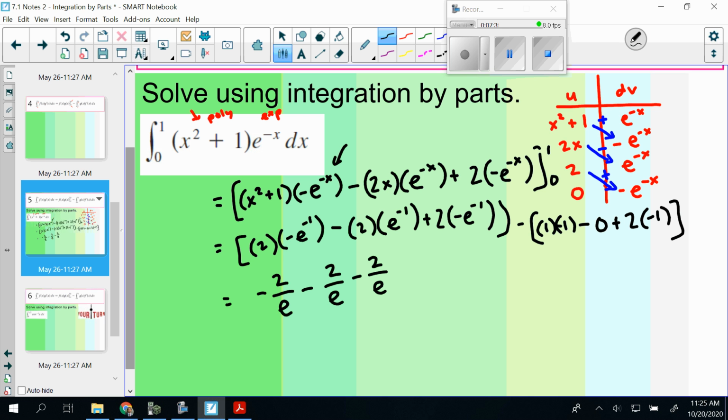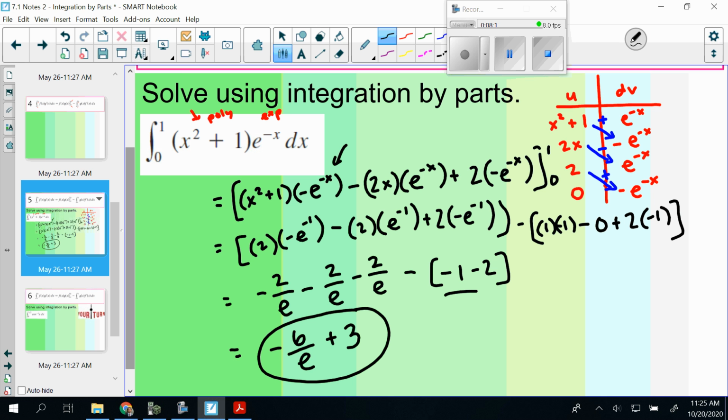So we get that minus, let's see what this other one, here we got a negative 1, minus 0 is gone, minus a 2. So putting this together, now it is a common denominator here. So if we minus all these, minus 2 minus 2 minus 2 would be the same as negative 6 over e. And then this evaluates to negative 3, but it's minus a negative 3, so it'd be like plus 3. So it looks like that would be the final solution to this one.